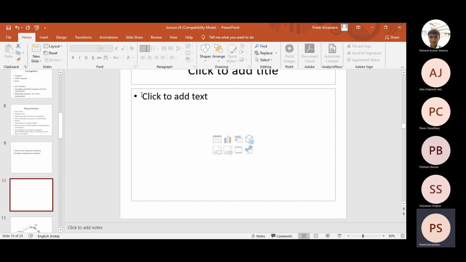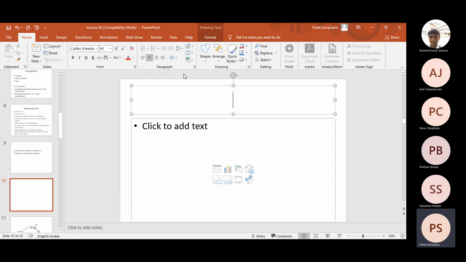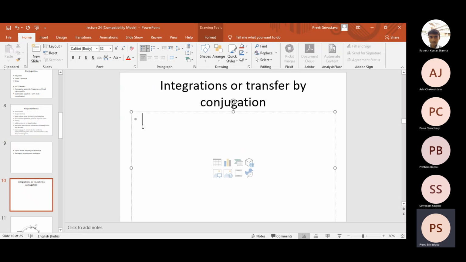So I'll give you an example of performing integrations. For E. coli, the strain that is usually used is SM10, and this contains all the tra genes.